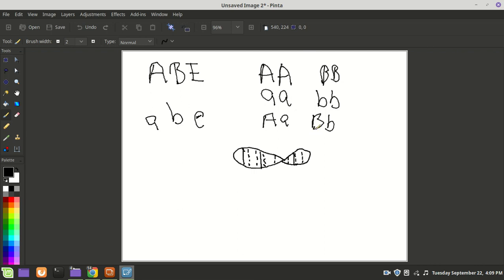And if you get something different, if say you get an organism with big A, and then big B, little b, then you obviously have had crossing over. They've exchanged a piece and you got a crossing over event over here.